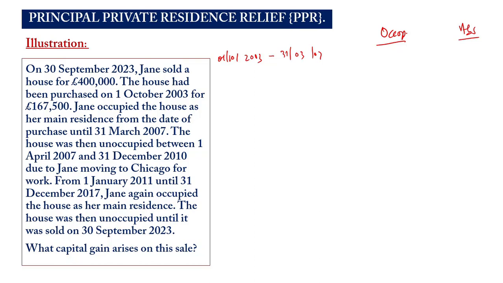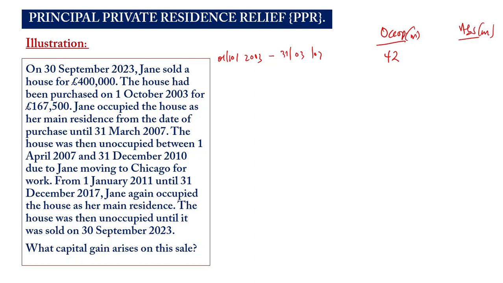Then October, November, December, January, February, March, 6 months. 3 years, 6 months, so 42 months. So 42 months is actual occupation. So these are in months.